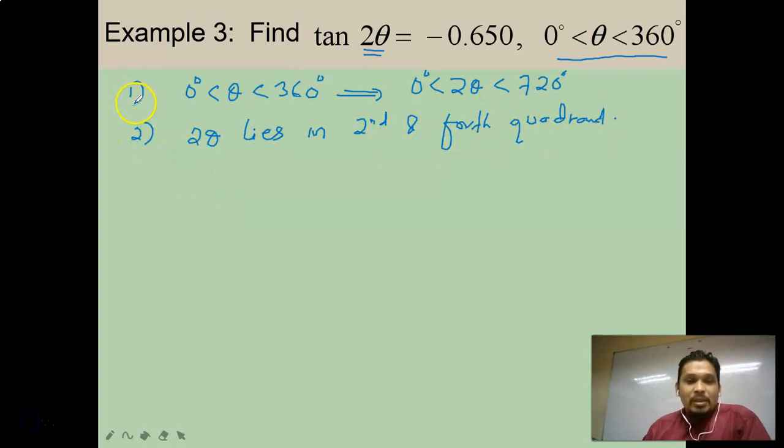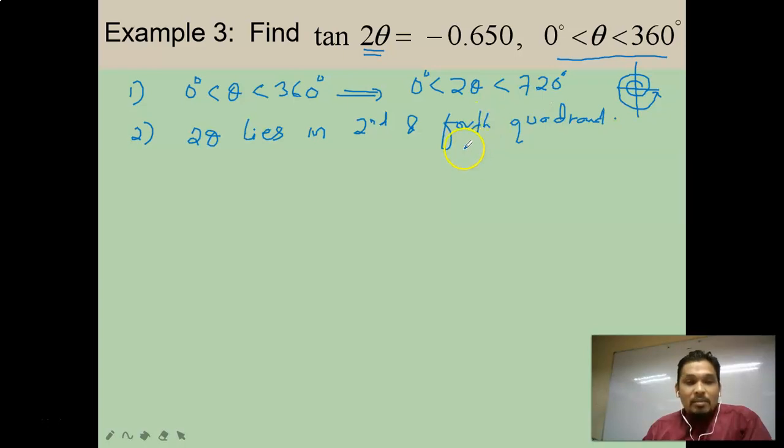Again, 2 theta lies between 0 until 720 degree, meaning that here 360 is 1 full cycle, and 2 full cycle gives you 720 degree.